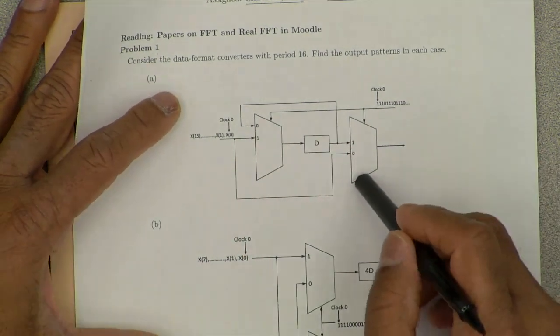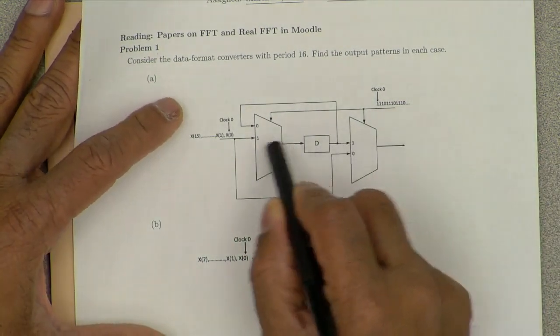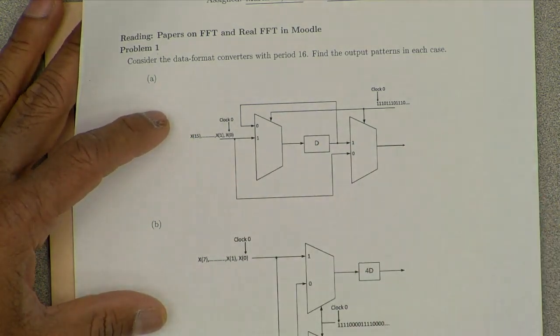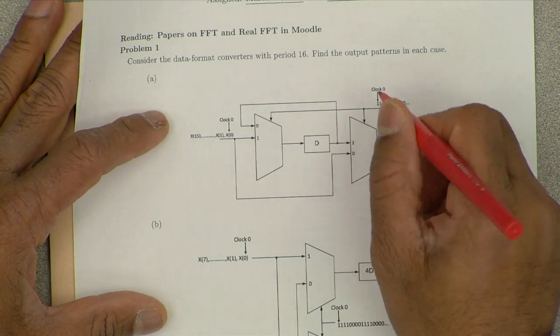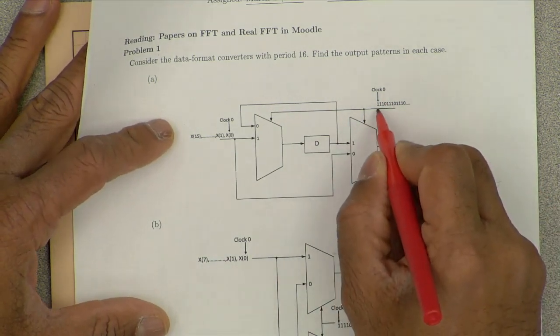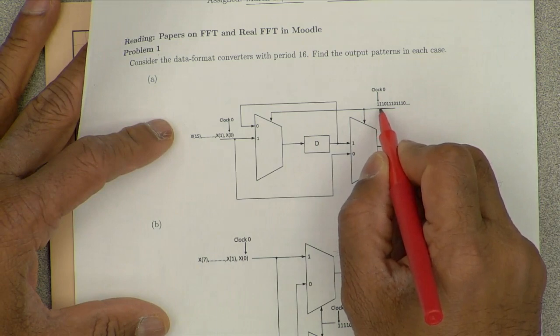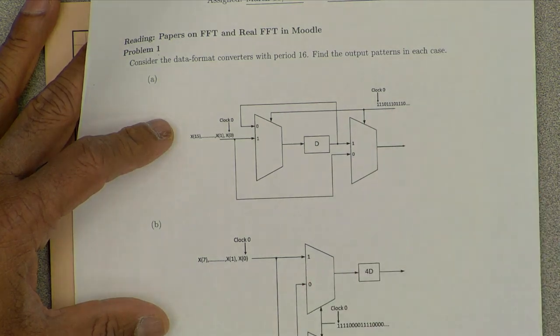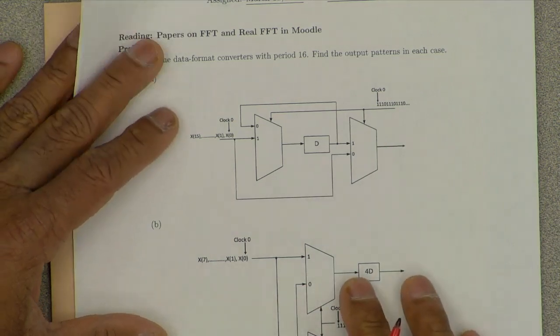So, if you see a circuit like this, multiplexer, one delay, feedback, and these control signals. So, if you look at this control signal, clock cycle 0, 1, 2, 3.